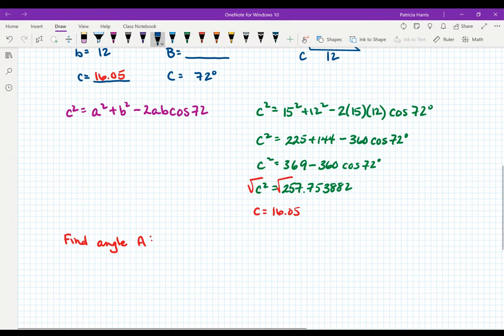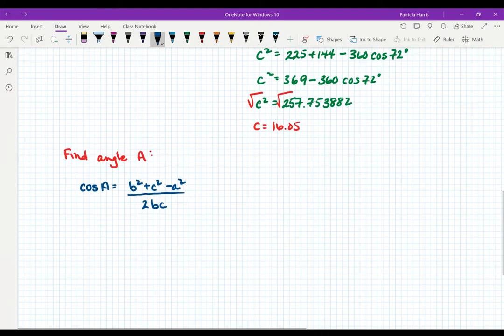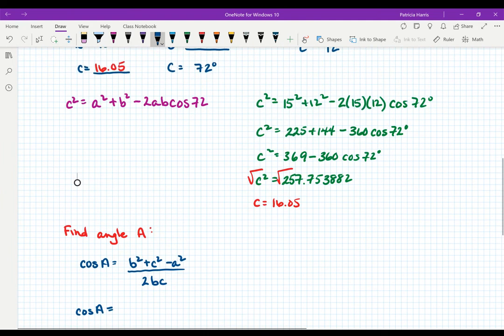So we're going to use that. All right, so we're going to plug everything in. I have to go back and figure out who B and C are.